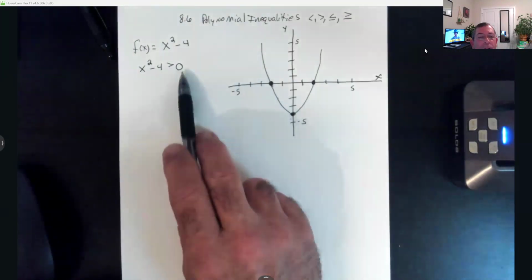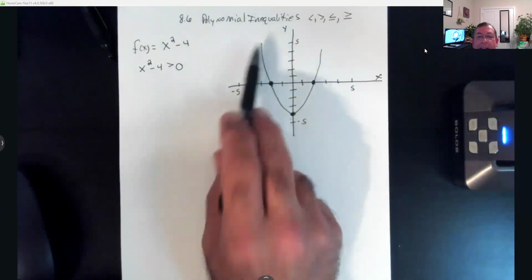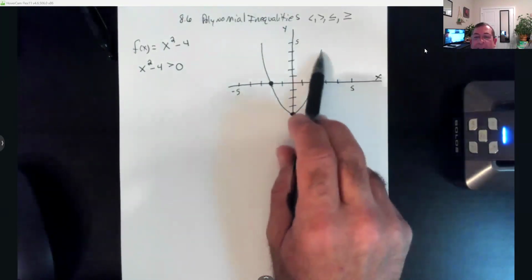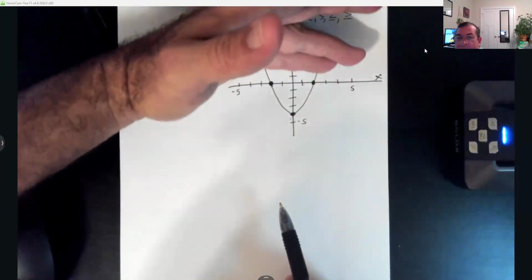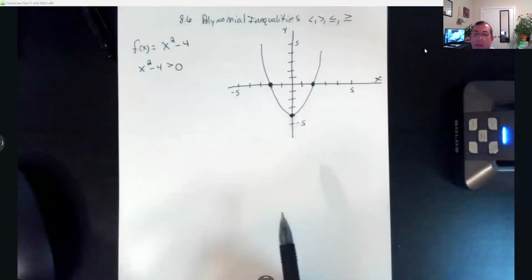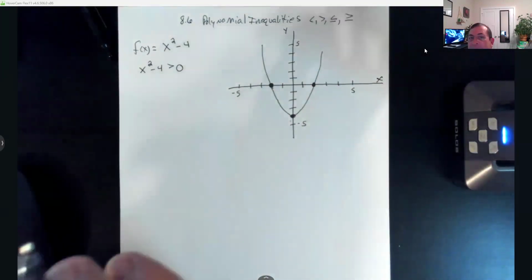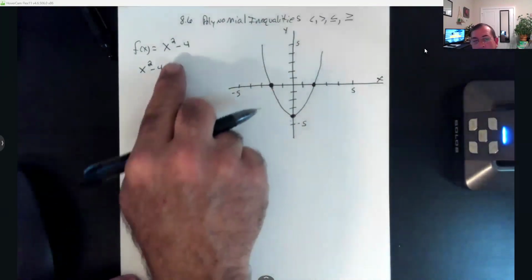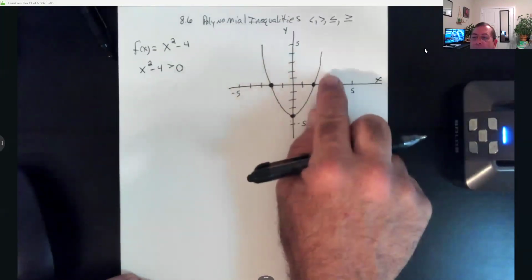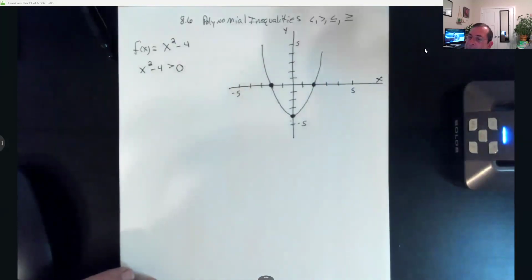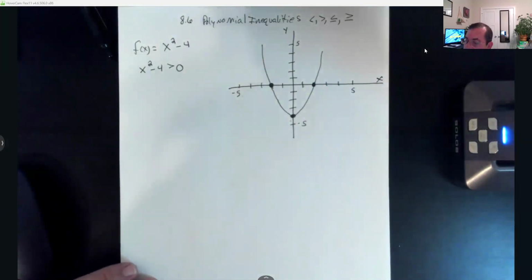So there's more than one solution to this because I got this section on the left side and the section on the right side. They're both greater than 0 because all these y values are greater than 0. That's above that x-axis. So what we're going to do is we're going to solve inequalities and we're going to write our solutions as a domain, okay?